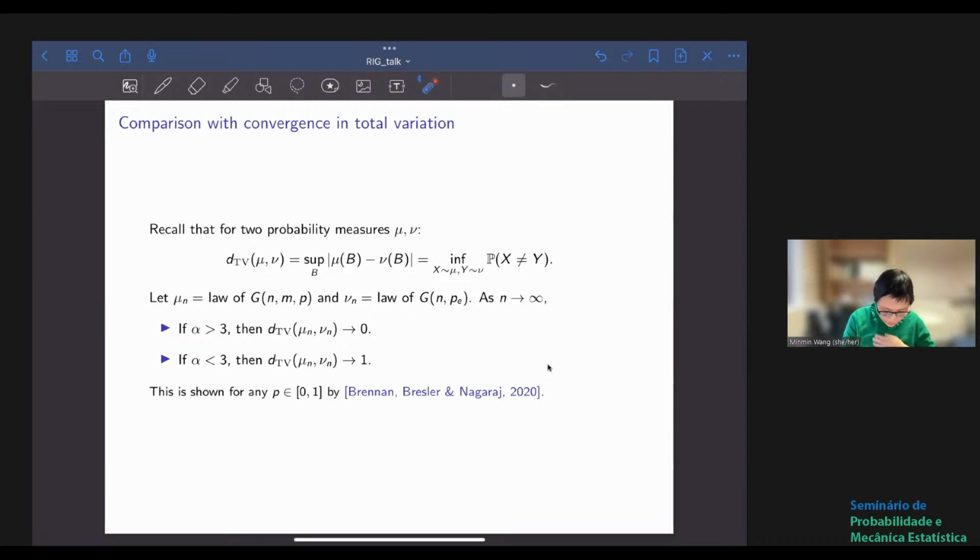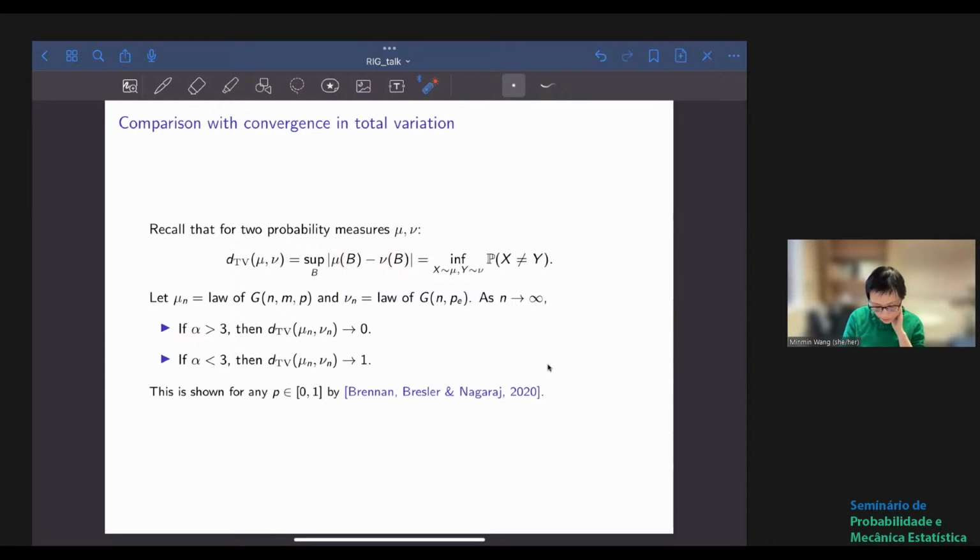Just to remind ourselves, if we have two probability measures, let's say mu and nu, on the same metric space, the total variation distance between mu and nu is the maximal difference in terms of the masses of the sets, over all sets B.